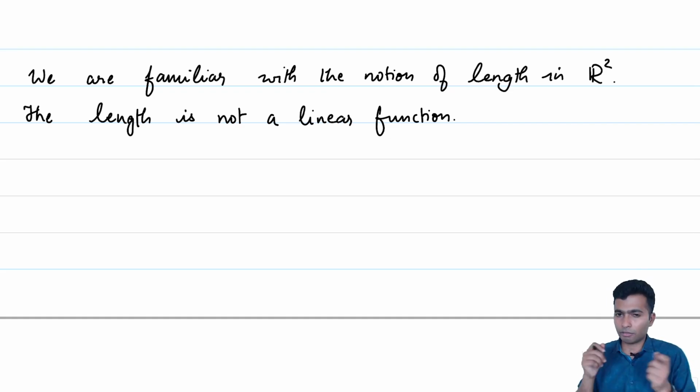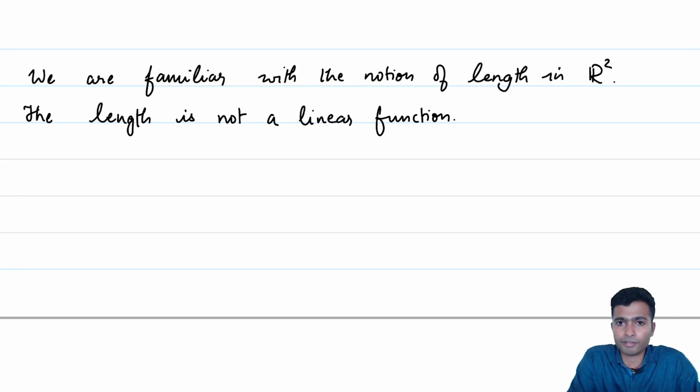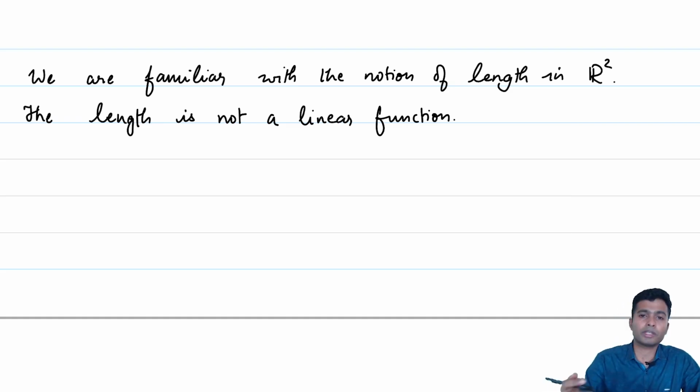And if you add, you get (1, 1), which is a vector of length root 2, which is not equal to the length of (1, 0) plus length of (0, 1), which should have been 2, right? So the length is not a linear function, and considering vector spaces for so long, it's a desirable thing to look at things which will turn out to be linear, and immediately we will be led to thinking about what gives us the notion of length in R2.